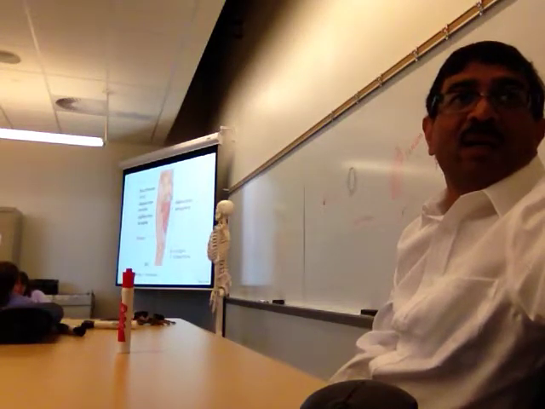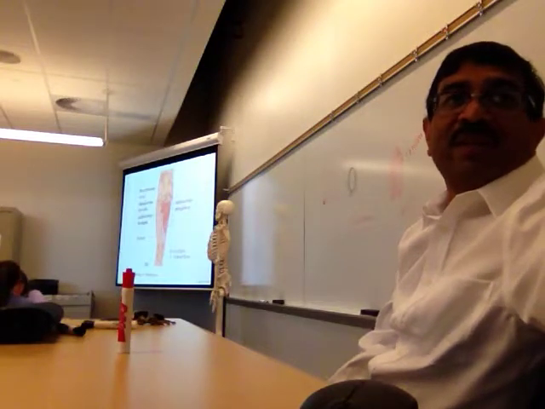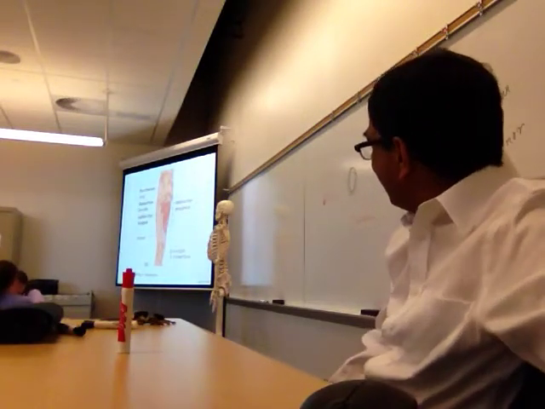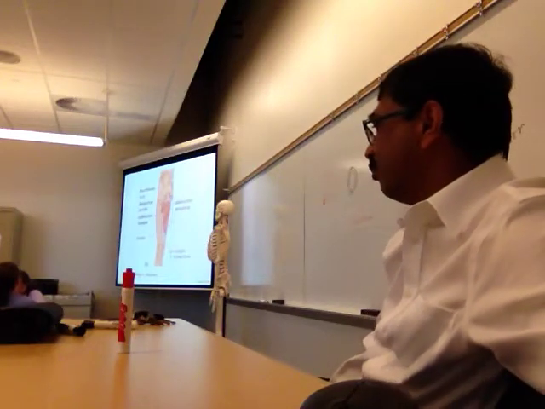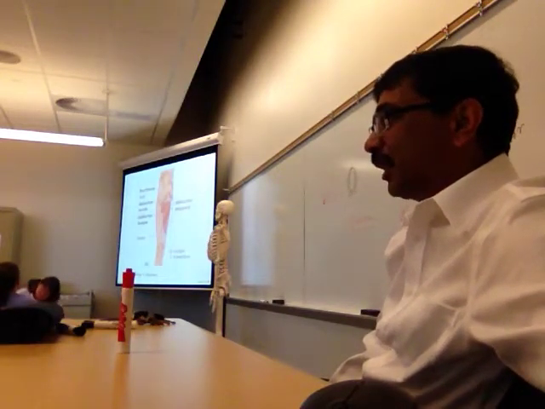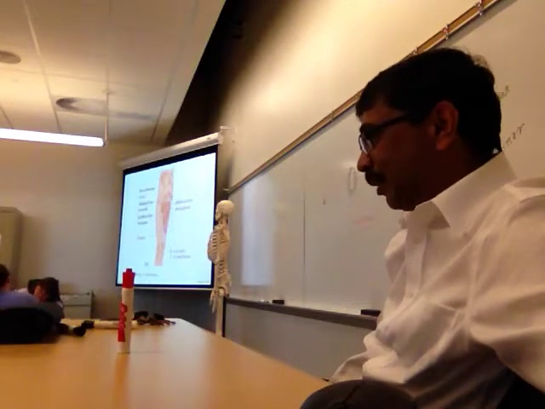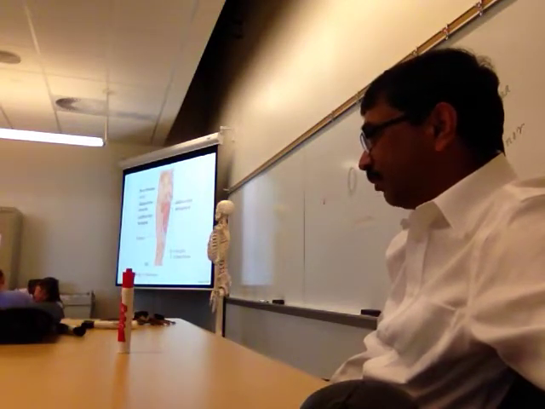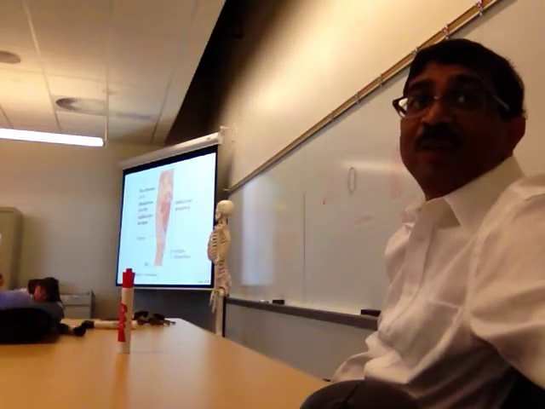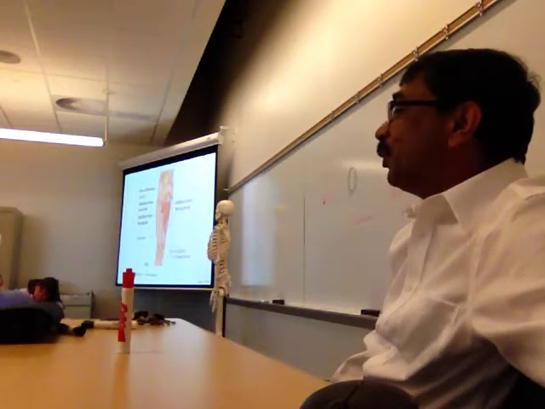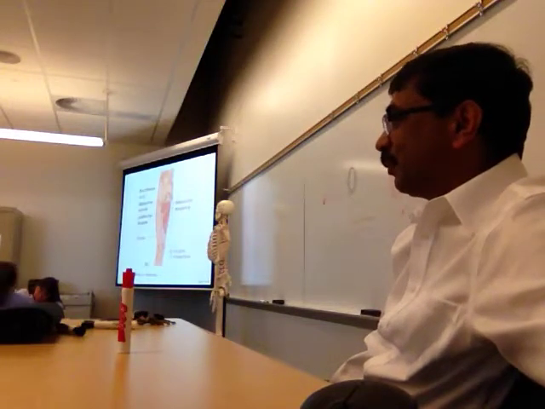And the pectineus muscle works during childbirth, during labor. Pectineus helps in the birth of the child because that muscle is attached to the pubis of the hip bone.